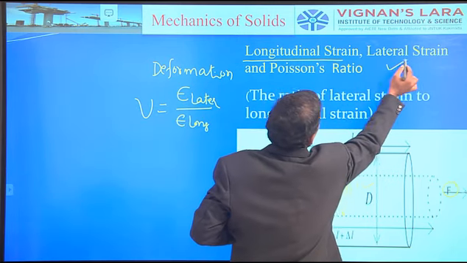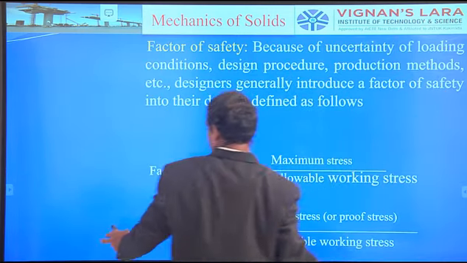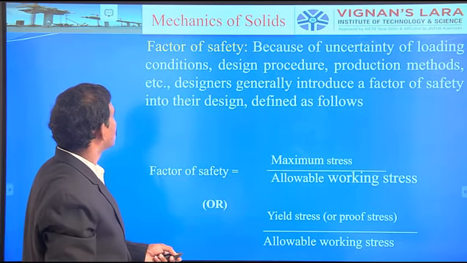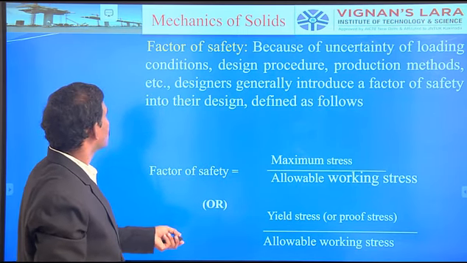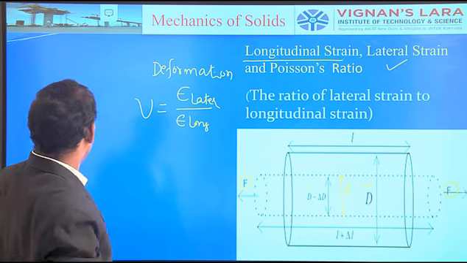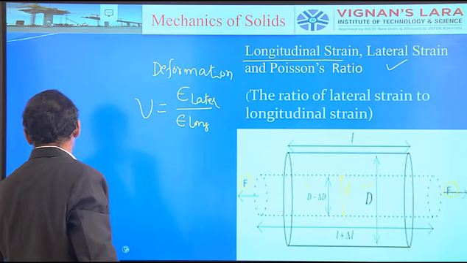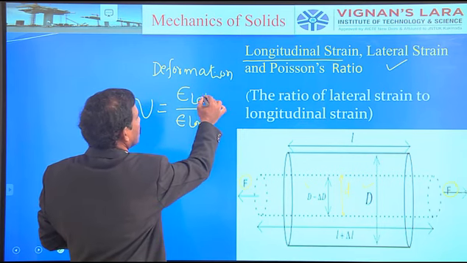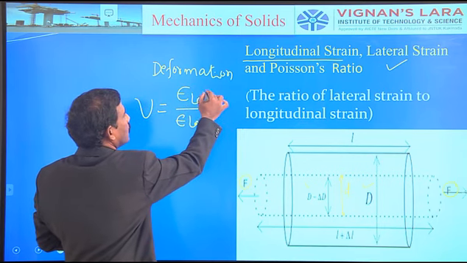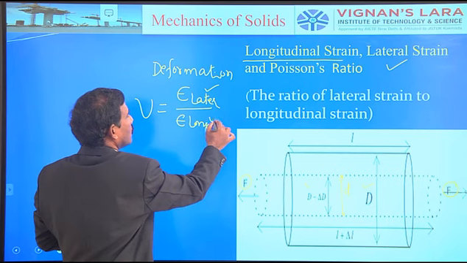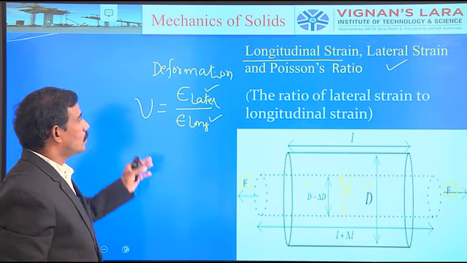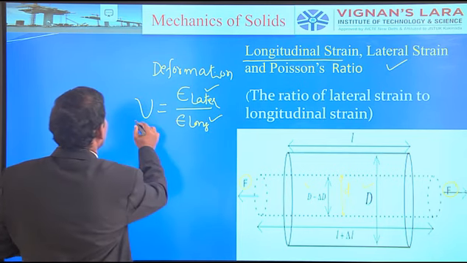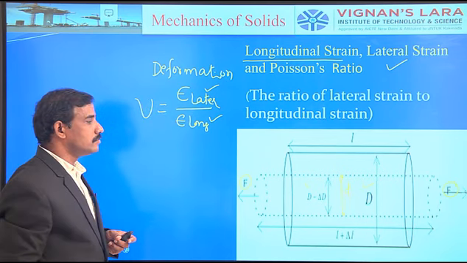One is the lateral strain, the second one is the longitudinal strain. The ratio of the lateral strain to the longitudinal strain is called Poisson's ratio, represented by nu.